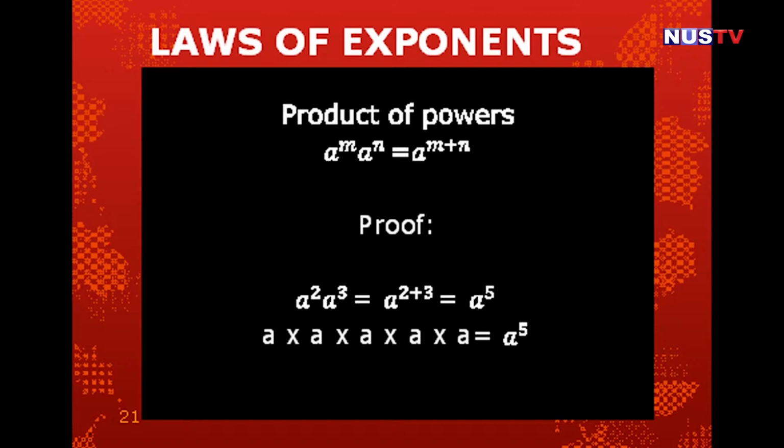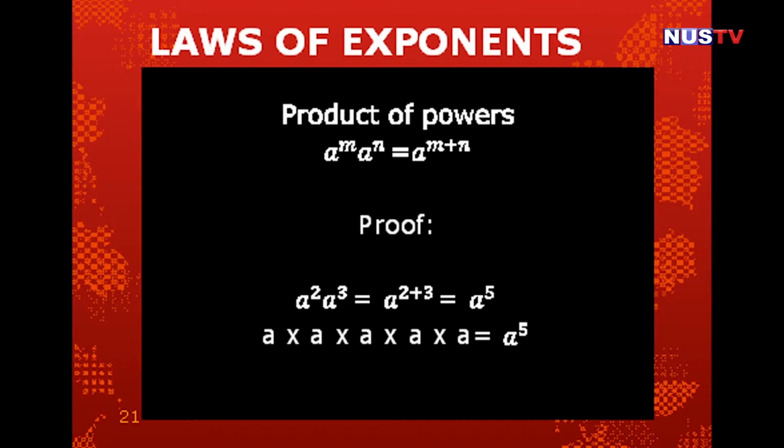Now, where did that come from? Let's have a look at it. When we have power, it means you are multiplying, okay? So if you have a power of 2, it means you are multiplying the a 2 times. If you have a power of 3, you are multiplying the a 3 times.